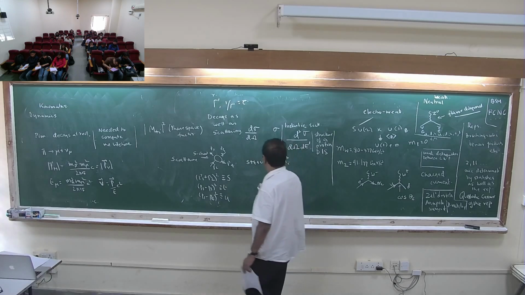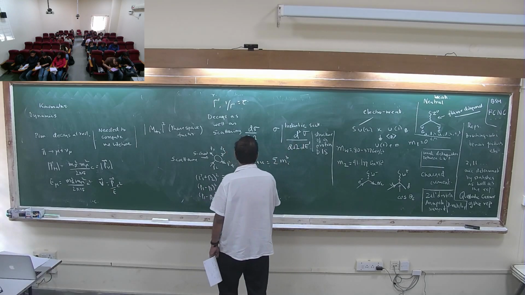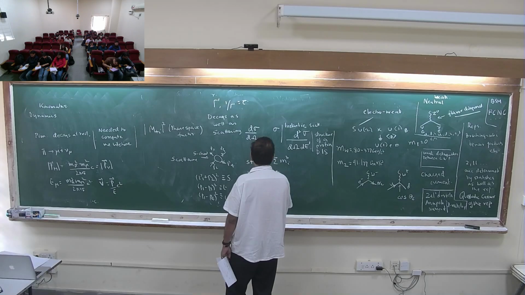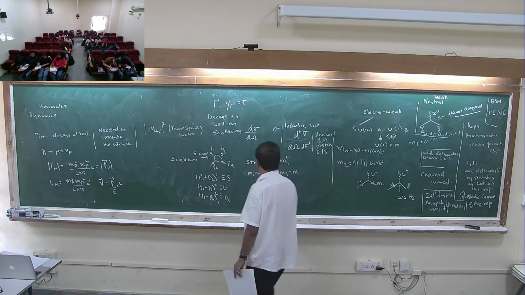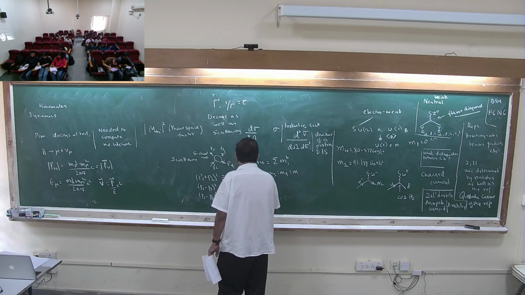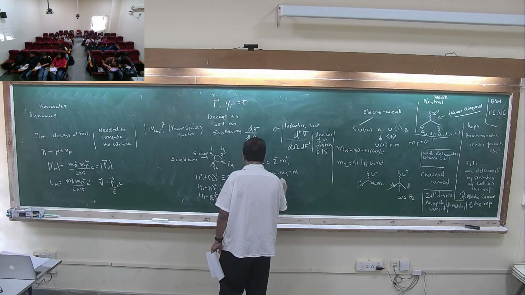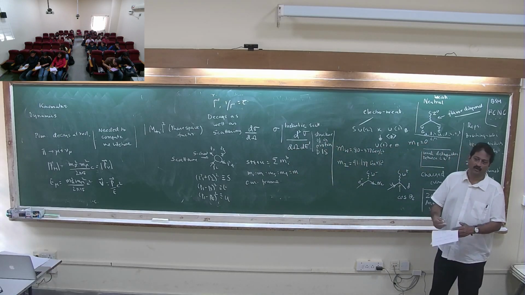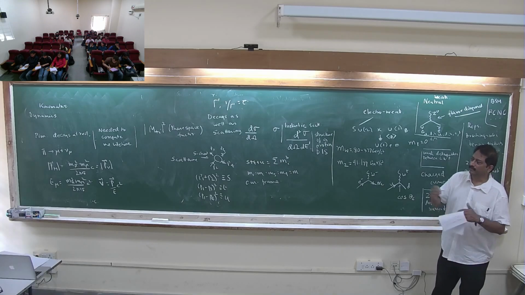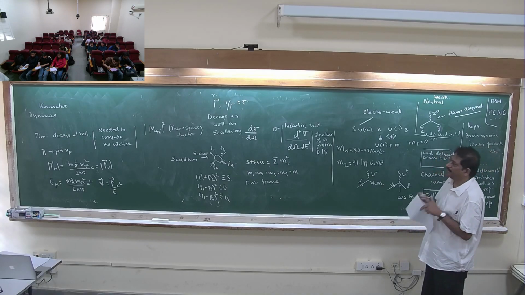So let us think of a simple case where M1 equals M2 equals M3 equals M4 equals M. So there, in the center of mass frame, in contrast to what other kind of frame can you have? You can have a laboratory frame, you can have the Breit frame, you can have the brick wall frame.